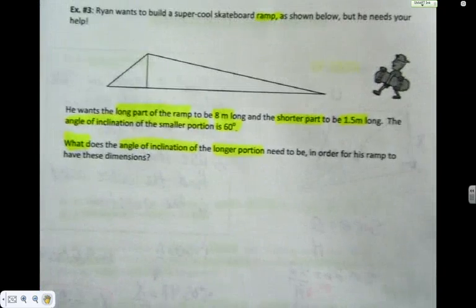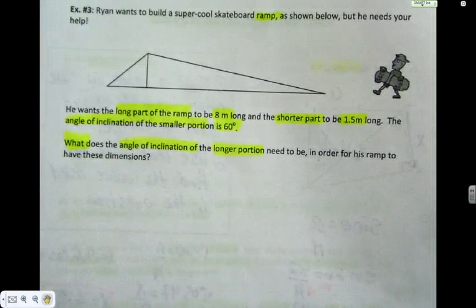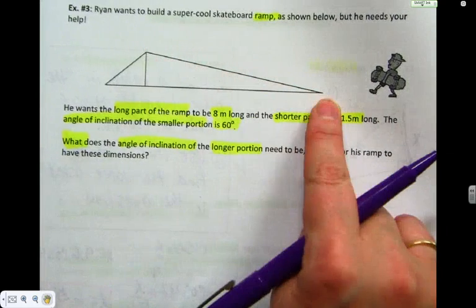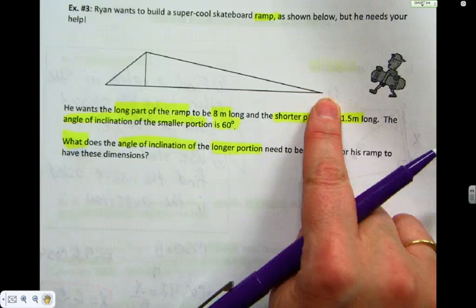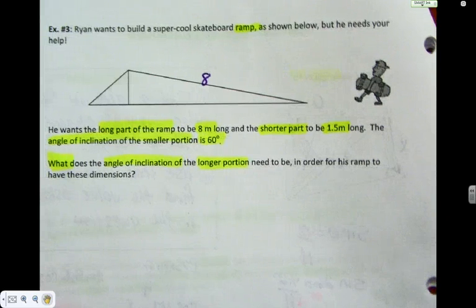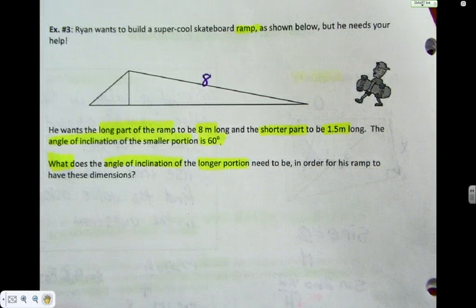So if this was a test question or an exam question, what's the first thing you would do after you've highlighted and you picked out the key? Probably label the diagram. Where would you like the 8 to go? Okay, so is it the bottom or is it the actual ramp? It's the actual ramp because it says of the ramp. If it wanted the bottom, it would say the base of the ramp, the bottom of a ramp, the horizontal distance of the ramp.